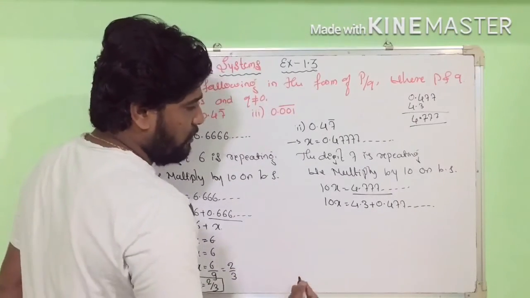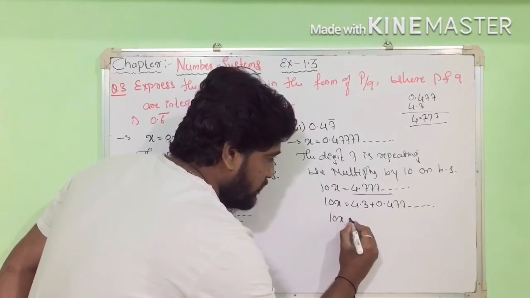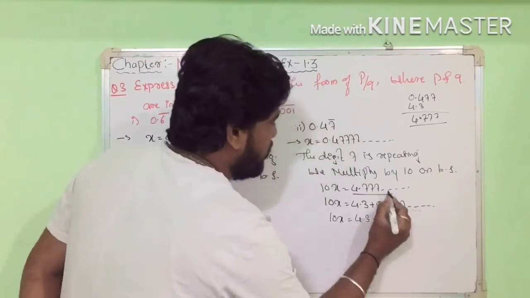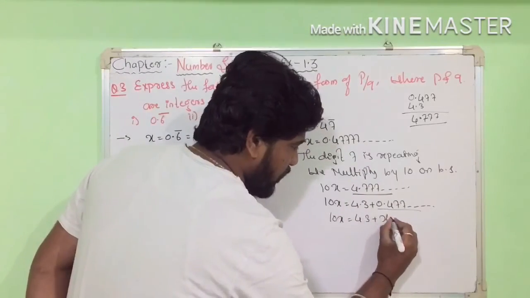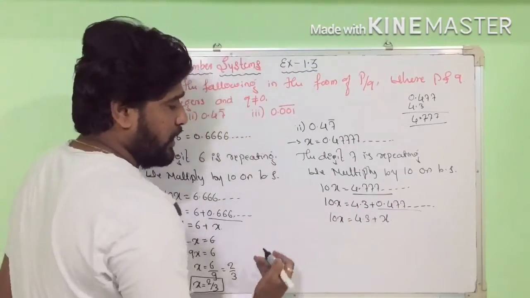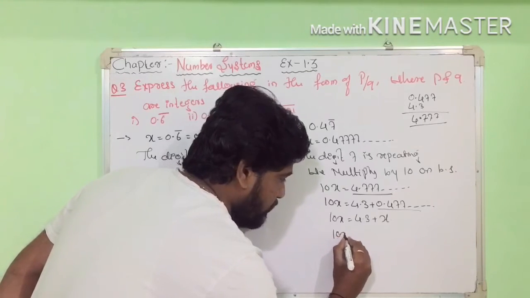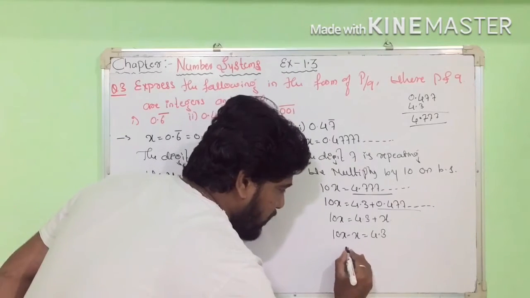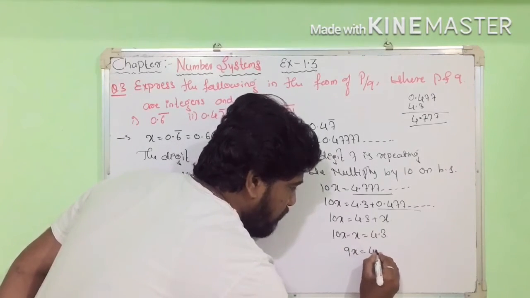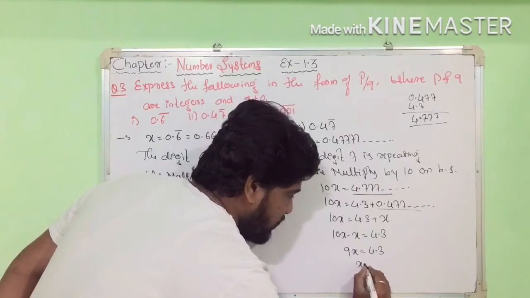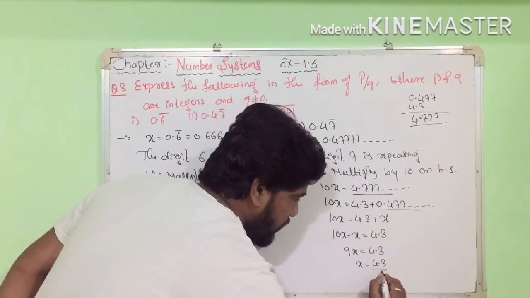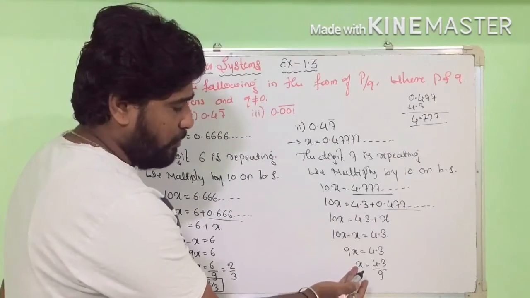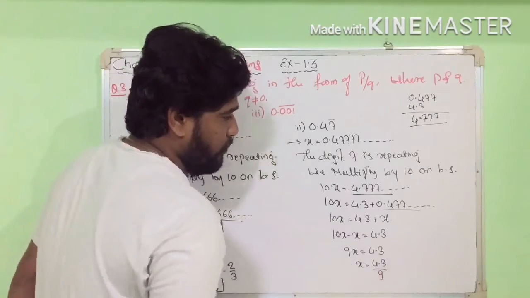So now 10x as it is, this is equal to 4.3 as it is plus, this means we consider here x, so write down x, so that x comes to this side, this becomes minus x, 10x minus x is equal to 4.3. So now it becomes 9x is equal to 4.3, then x is equal to 4.3 divided by 9. So make here multiply numerator as well as denominator by 10, because the decimal is removed.